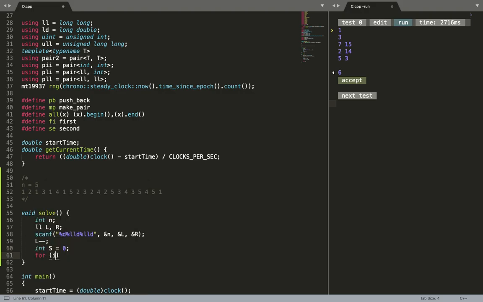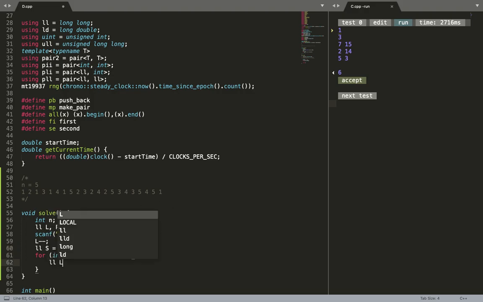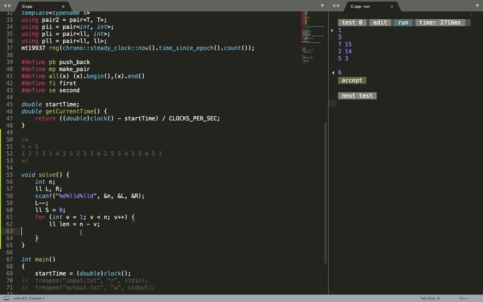So now I will go through blocks. This should be long. This is the index of first value in the block. The length of the block is n minus v times 2 because we have pairs, but I'll use len as the number of pairs.